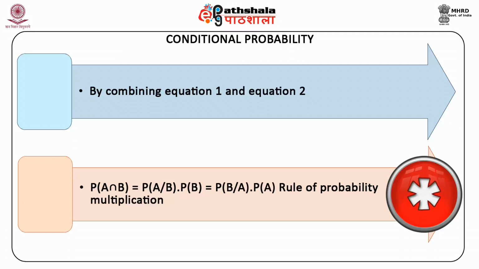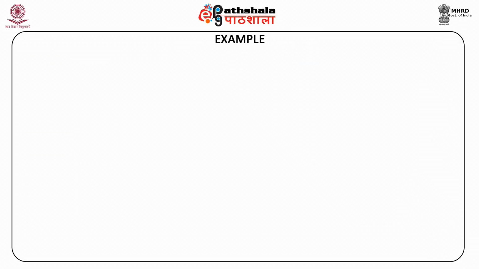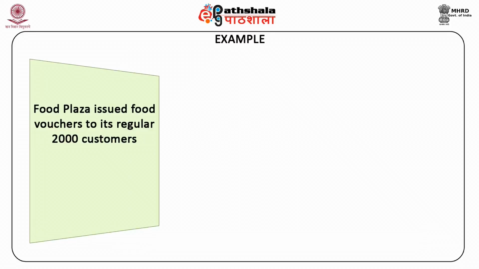When the occurrence of one event is conditional upon the occurrence of another event, the events are said to be dependent events. Let us understand it with the help of an example. Food Plaza issued food vouchers to its regular 2,000 customers.